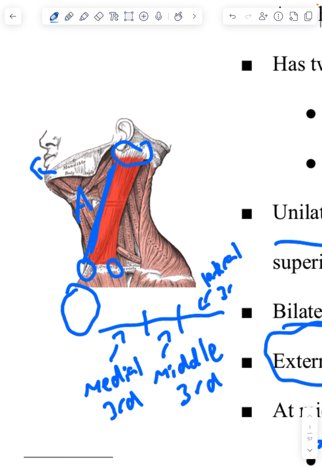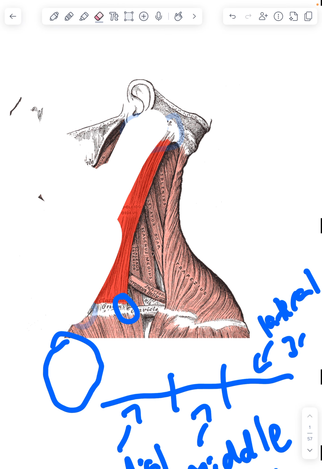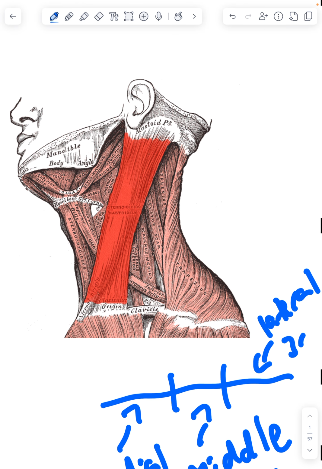Let me go back up here. Erase all this. This is the hyoid. So for suprahyoid, you have this stylohyoid right here. This muscle is going from the styloid process, which you can't see, behind, to the hyoid. There's a key relationship between the stylohyoid and the posterior belly of the digastric.